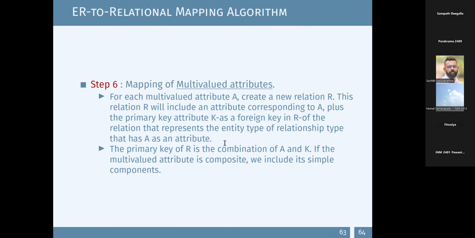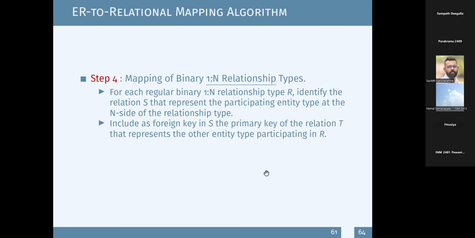For each multi-valued attribute A, we are going to create a new relation and include the attribute corresponding to the multi-valued attribute and the primary key K from the connecting entity type. Then the primary key will be the combination of A and K. So in our case, it's location.